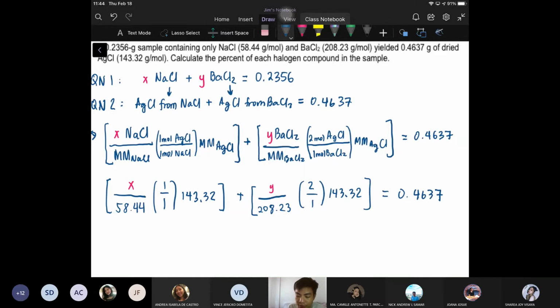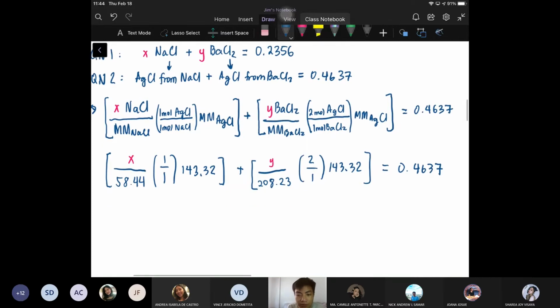So what do you do with the numbers? You multiply them. Let us simplify these two equations. That will be 143.32 divided by 58.44 times x, which is 2.4524x. I used 4 decimal places only, since there are many numbers. Plus y.